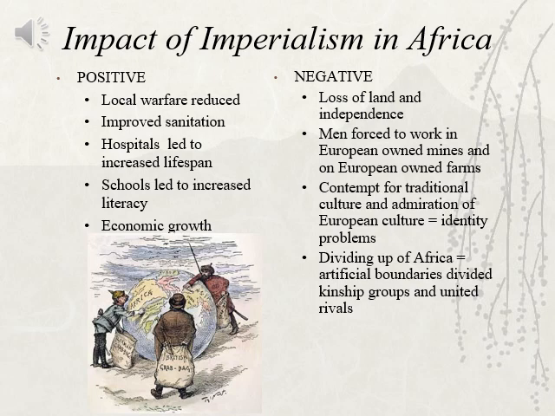And with the dividing up of Africa, artificial boundaries were created, which divided kinship groups and united rivals. See, the European imperialist nations had no understanding or care of how Africa was divided up locally and regionally. They came in and arbitrarily drew their demarcation lines, their separating lines on the map, for which European country wanted to take over this part of Africa.